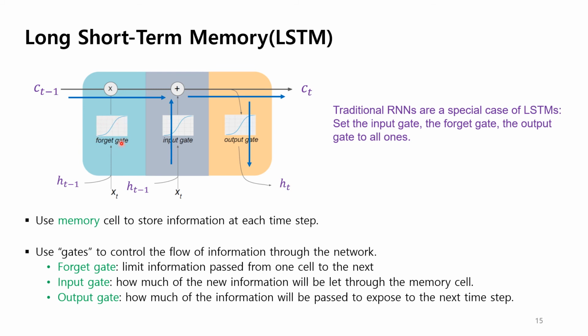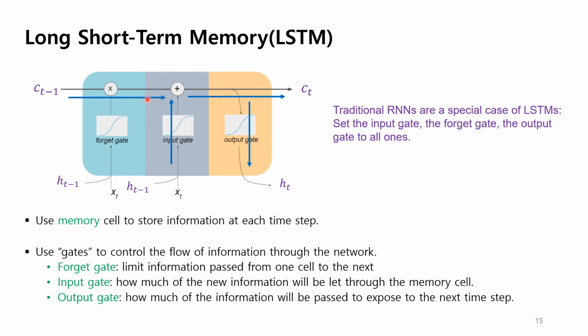This is very similar to a gate when you enter a building: there is a security person who decides whether they're going to let you in or not. That's exactly the same as a gate. It determines how much information of this memory cell passes through here.